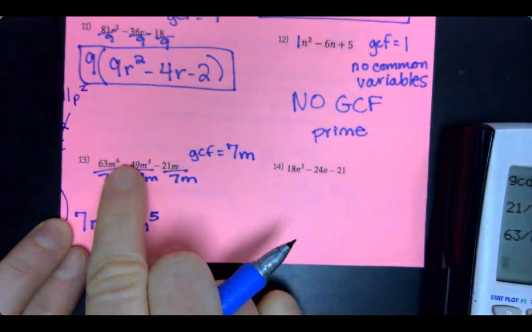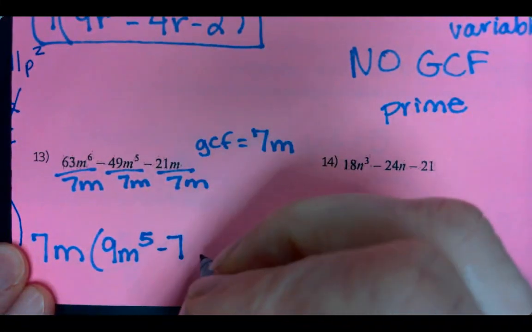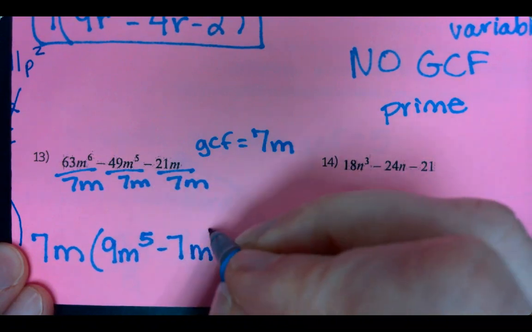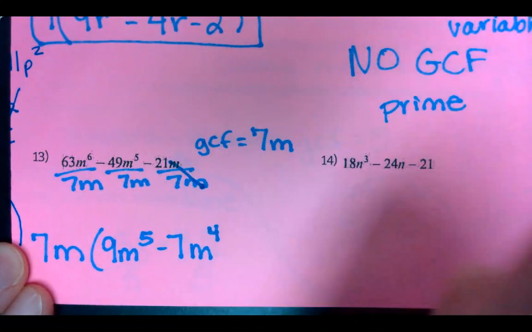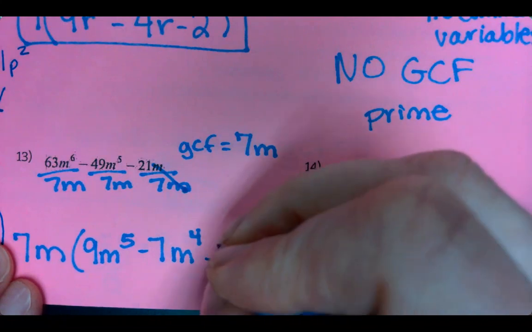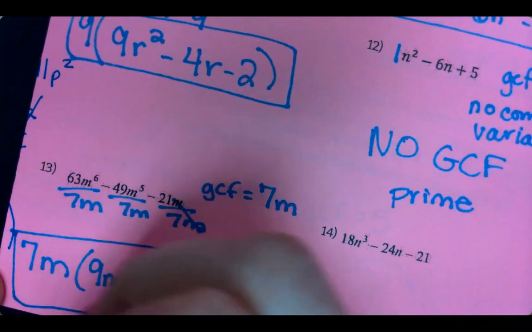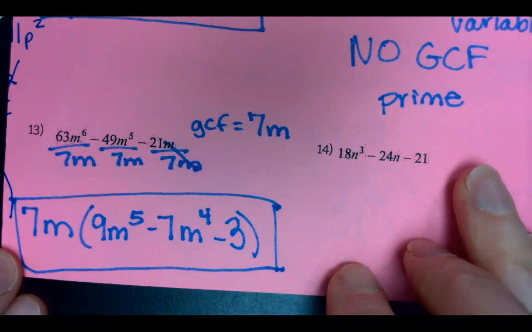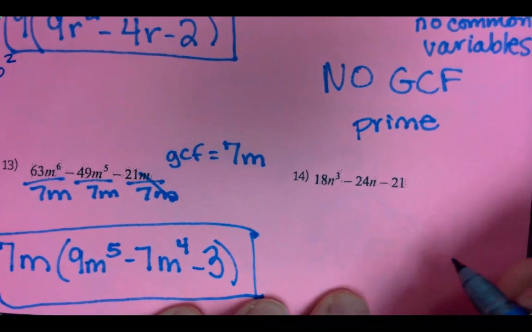And then negative 49 divided by 7, negative 7. And then if we have 5 of them, but one of them's taken out, we're left with 4. And then negative 21M, these M's are going to cancel. Just negative 21 divided by 7. Put it in the calculator if you need to. Negative 3. Then we're done. We don't have any variables because they canceled out. We had an M divided by M, which means they canceled. Let's look at the next one.